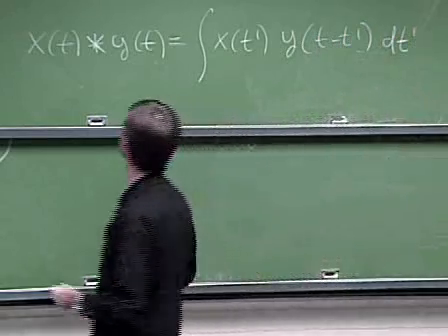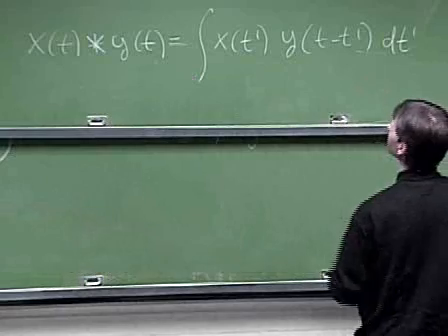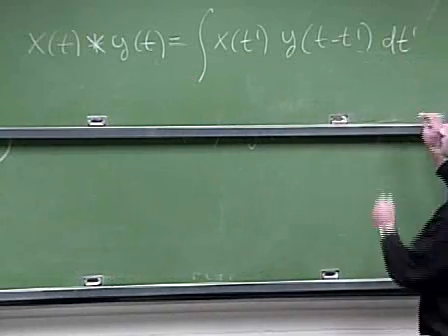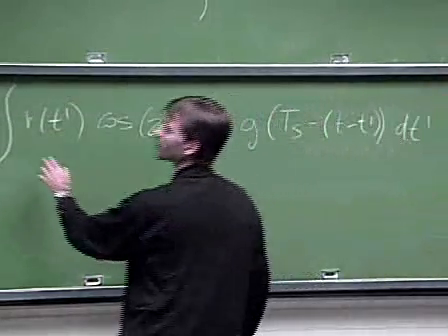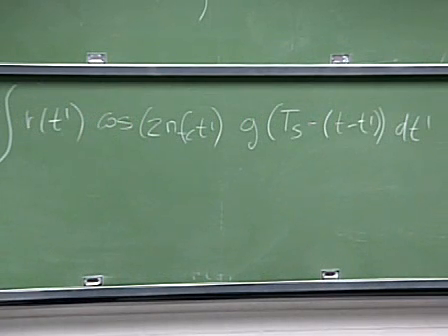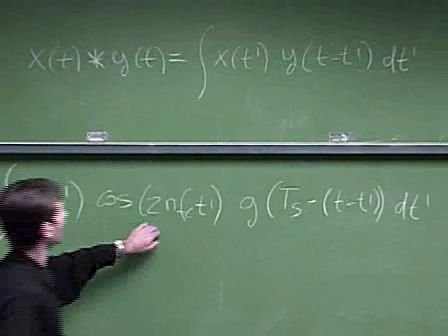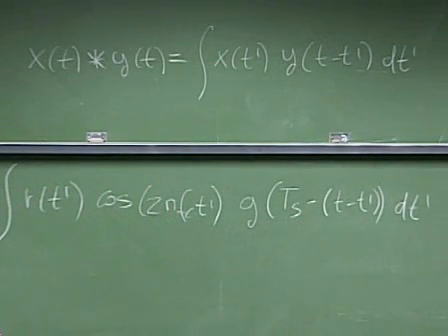Here t prime is just a dummy variable. I integrate over it, and it integrates out, and the output is a function of t only. So I'm using the same formulation here. The first part of the convolution is what comes into the filter, r of t times cosine, and this is the second part of the filter. So that's the output of the convolution.